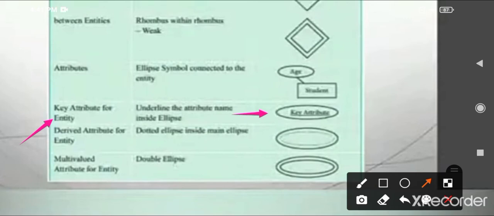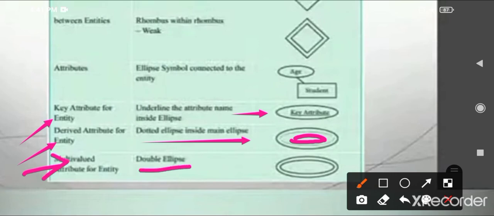The next one is the derived attribute for an entity. For a derived attribute, we draw a dotted ellipse. The next one is the multi-valued attribute for an entity.